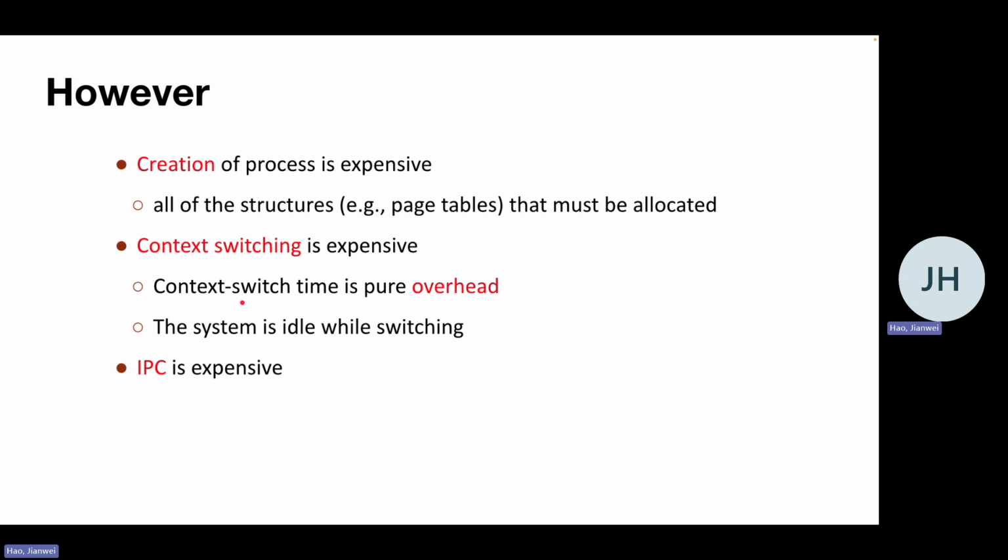Every time we do a context switch, that's pure overhead for the system, so the system is totally idle during the switch. Another problem is IPC, the communication between different processes. It's very expensive, which means time consuming and resource consuming.